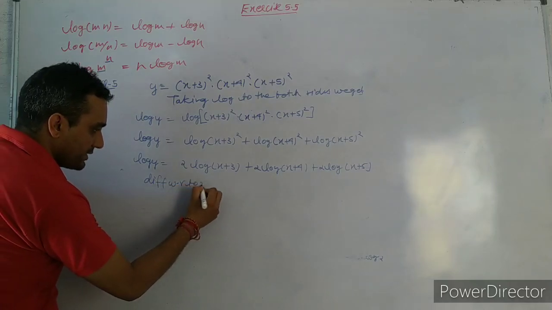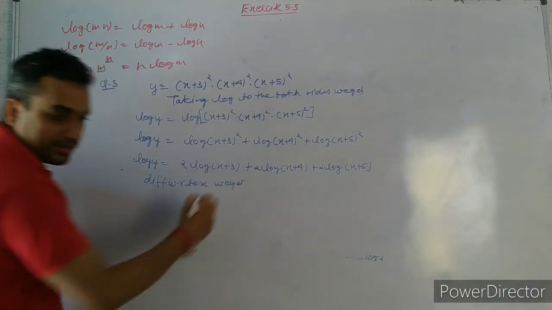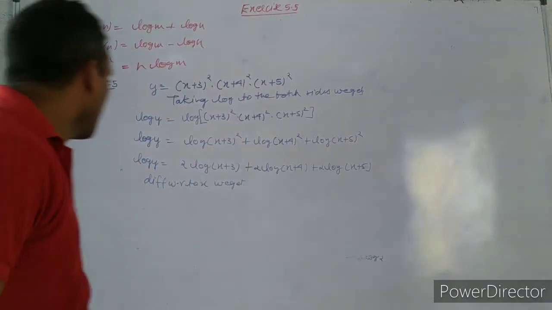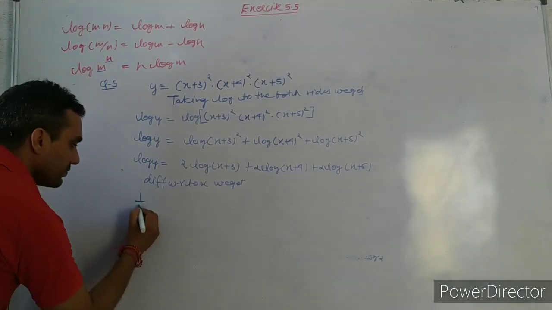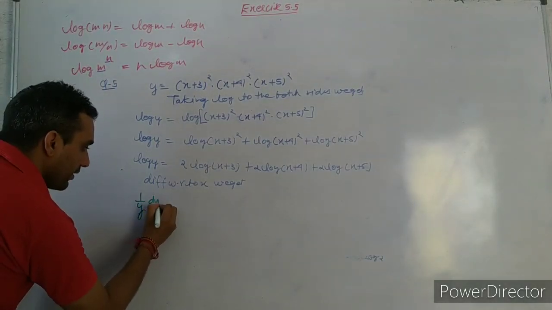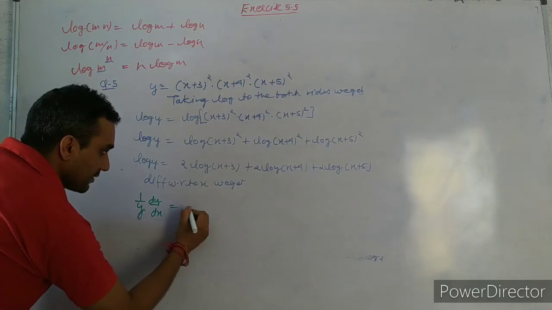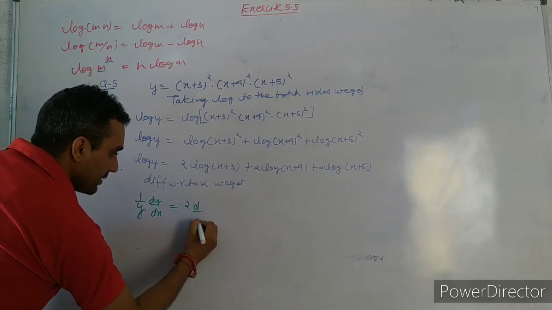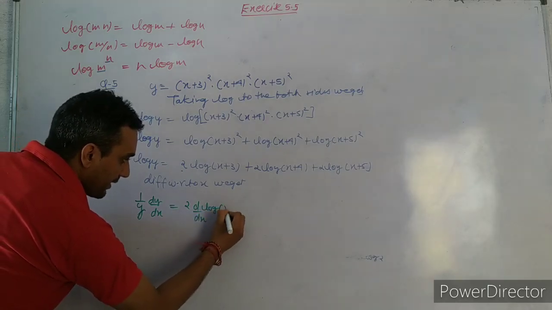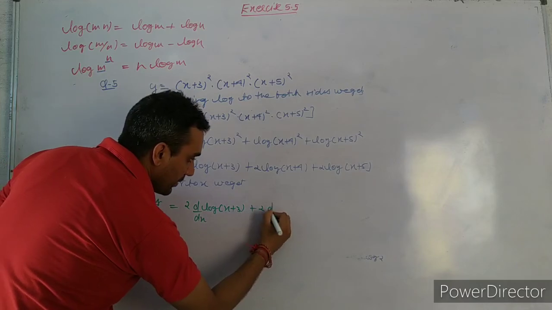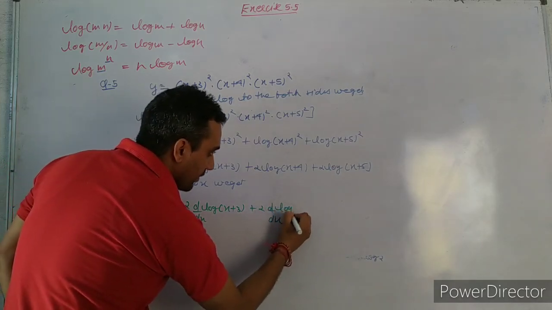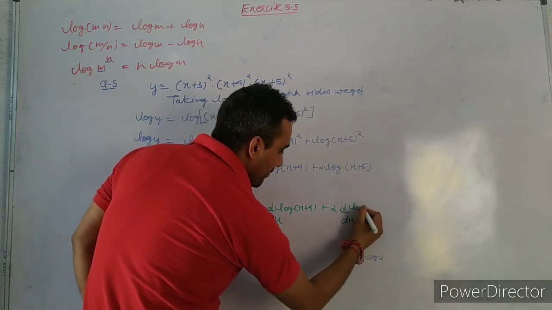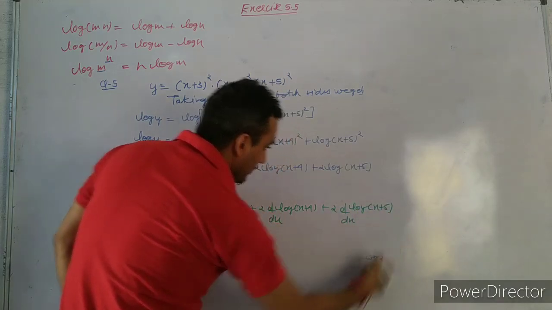Now differentiating with respect to x, what will we get? The differential of log y is 1 upon y dy upon dx. The 2 stays as it is, d by dx of log x plus 3, 2 d by dx of log x plus 4, and 2 d by dx of log x plus 5.